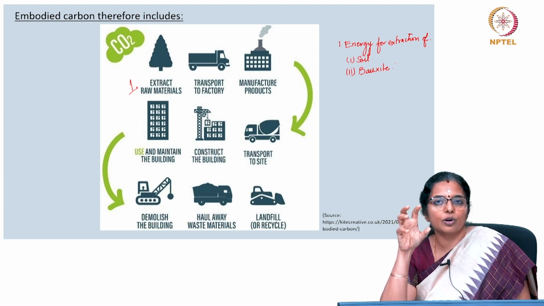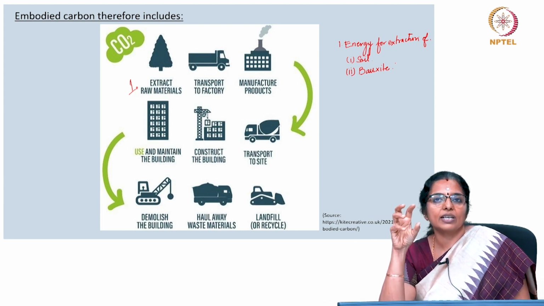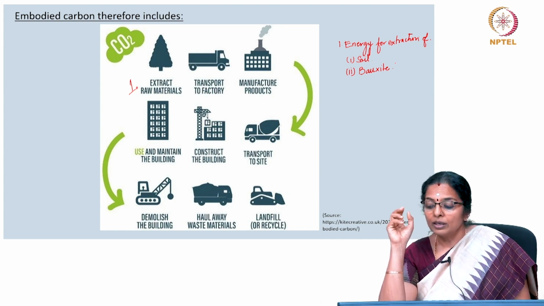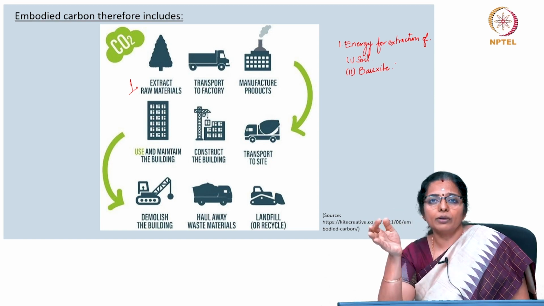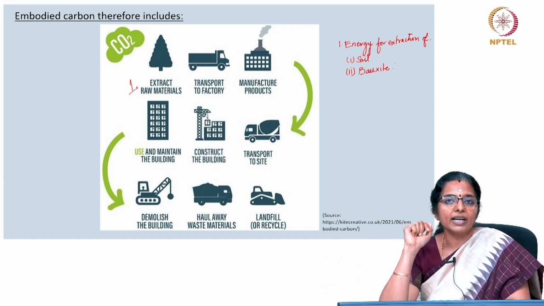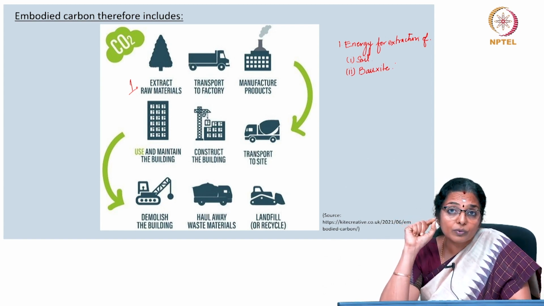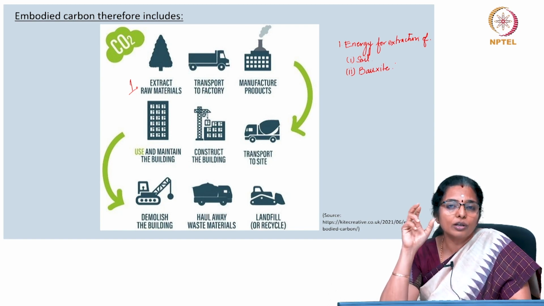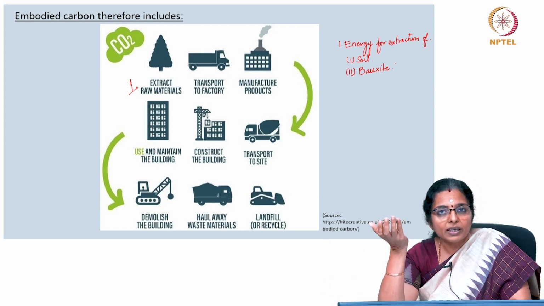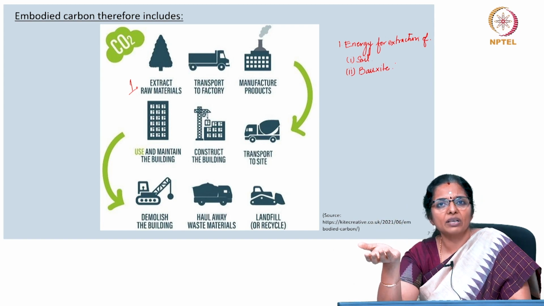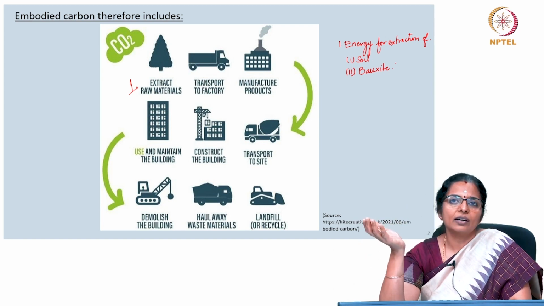You go to a virgin forest area, clear the forest, mine for bauxite and take the bauxite. So, for a brick and aluminum product, now you have the raw material extracted. But what is the amount of embodied carbon that goes while doing this process alone? For the soil, all you need is probably a spade or a slightly high-end machine to take the soil and dump it on a truck.